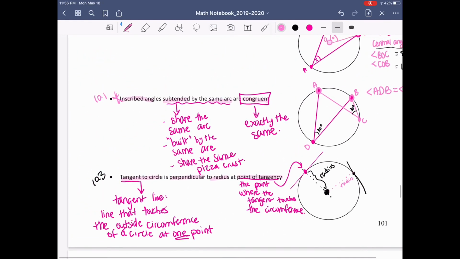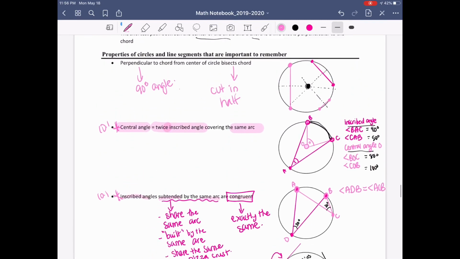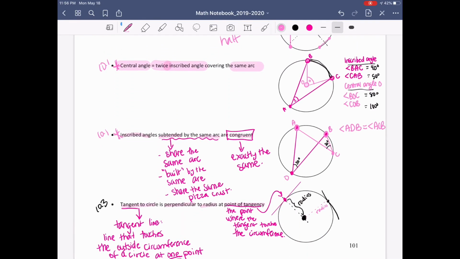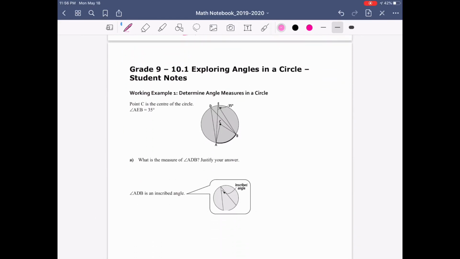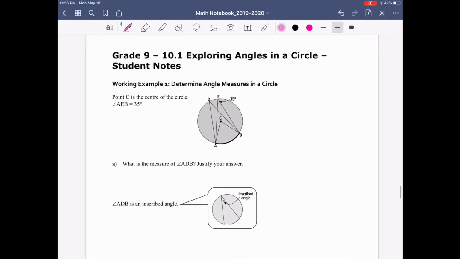So don't be overwhelmed with these rules yet, because we're going to go into a lot of depth with them. This is just an introduction to the rules of a circle and geometry and angles and how to label angles. In 10.1, you're going to be focusing on central angles and inscribed angles.